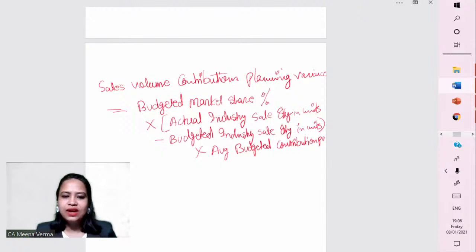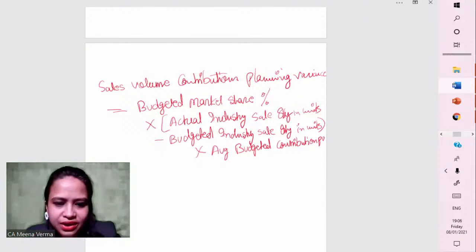If you can find these values, budgeted market share.